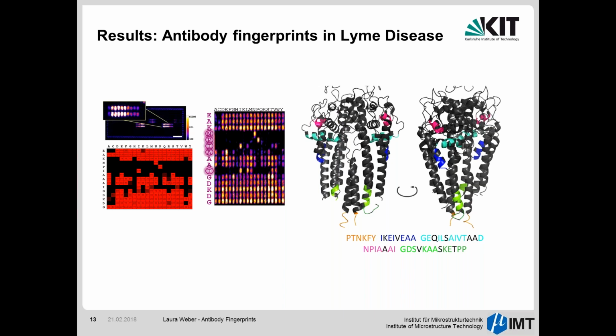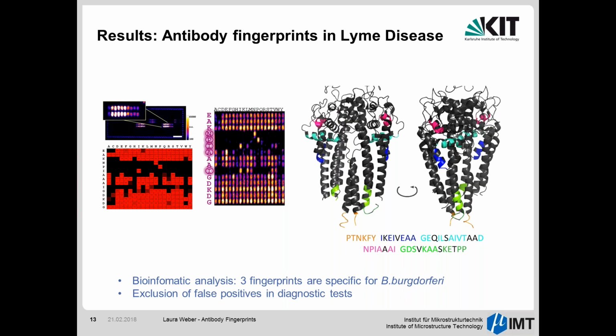The bioinformatic analysis of these fingerprints has shown that the 3 longer fingerprints of those 5 are absolutely disease-specific. So the combination of the relevant amino acids is not found on any pathogen or human proteins of the database. False positive results are a major problem in Lyme disease. By using specific antibody fingerprints as diagnostic markers, these could be excluded.